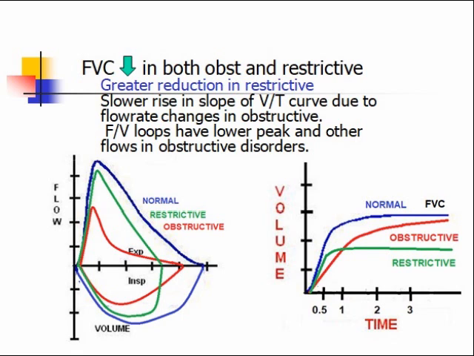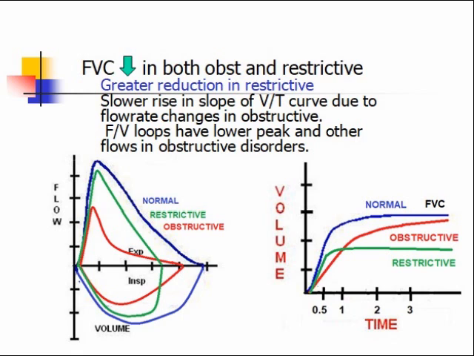You can see how that goes up to the top, but the movement across the volume line is much less than a normal value. In the obstructive problem, the peak flow does not go up as high as the other two, but the volume can sometimes be fairly close to a normal volume.